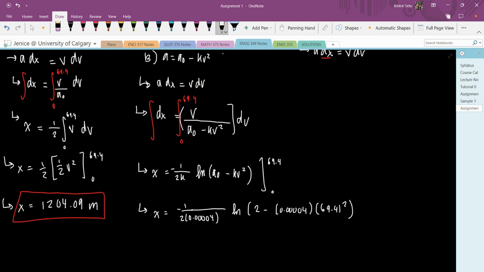So 2 minus 0.00004 times 69.4 times 69.4, this is our ln, and this is times 1 divided by 2.